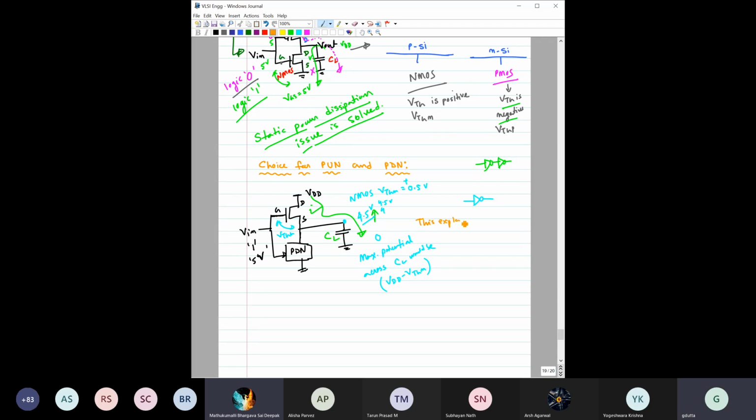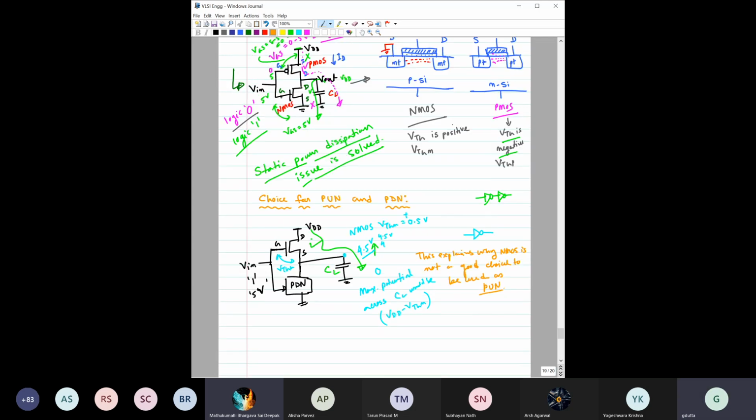This explains why NMOS is not a good choice to be used as a pull-up network. Okay. Now, similarly, can you explain why PMOS is not a good choice to be used as a pull-down network?